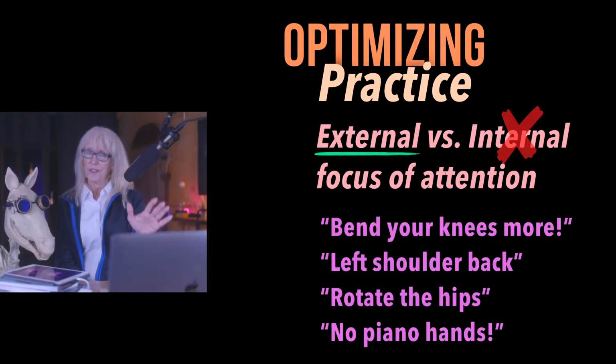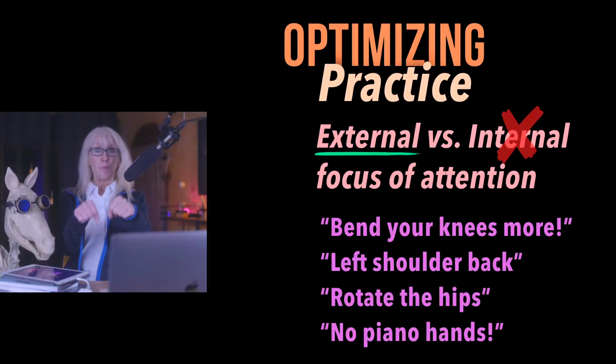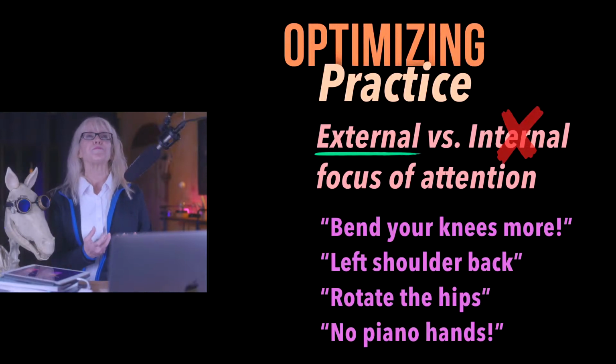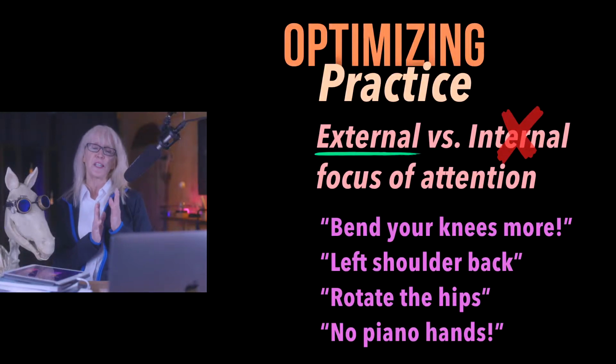That means we're not going to say things like, bend your knees, especially not bend your knees to 45 degrees or whatever. Left shoulder back, rotate the hip, no piano hands, right? If we're using this external focus research, we're not going to be telling the body parts what to do.